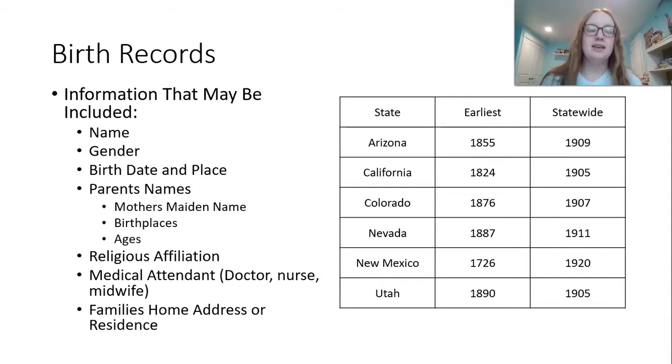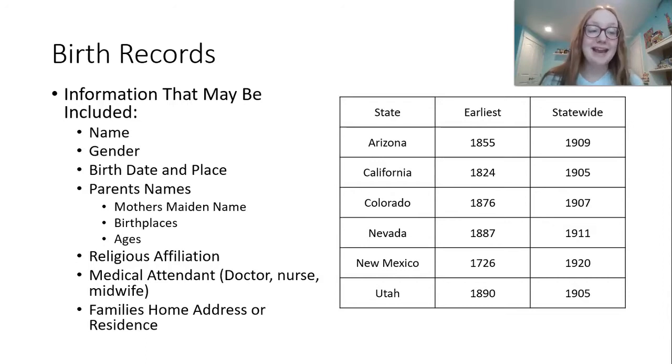Then over on the right-hand side of the screen, you will see this table that lists all the states that are in the Southwest, with the earliest known date of records, when they started being created. For example, in Arizona, the earliest ones are from 1855. And then over farther right, one more column, there is the statewide dates.